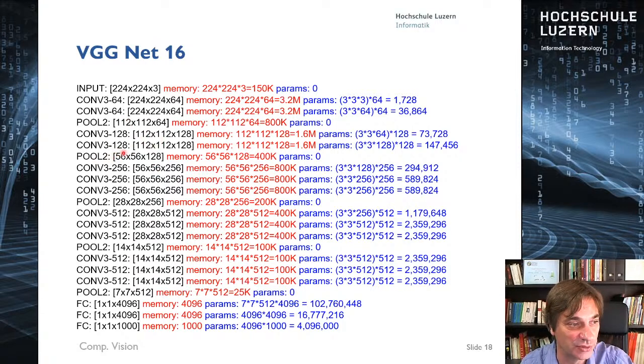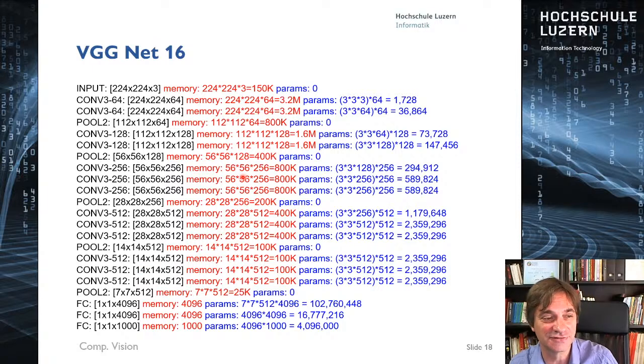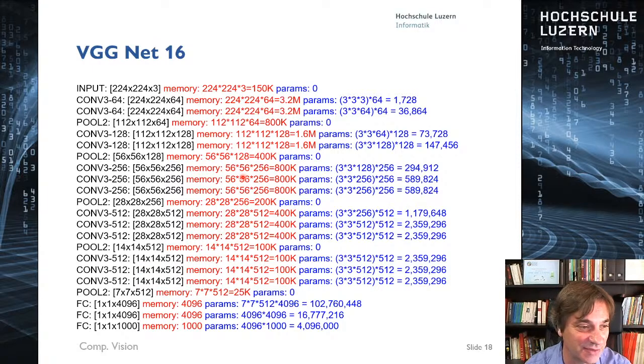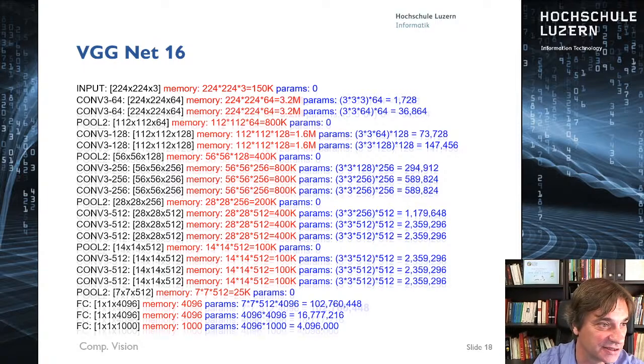So with every pooling layer you have half of the image size, until at the end of the feature stage you are at the 7x7 image. So it might be interesting to look first at where most of the memory is spent, and where most of the parameters are spent in this network.